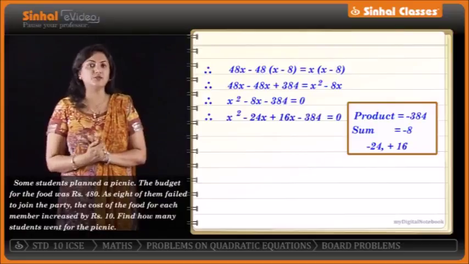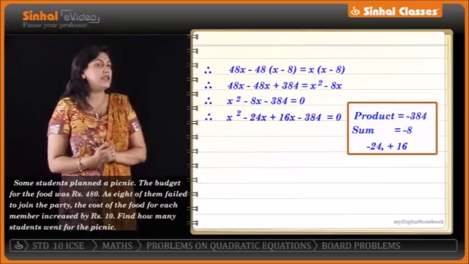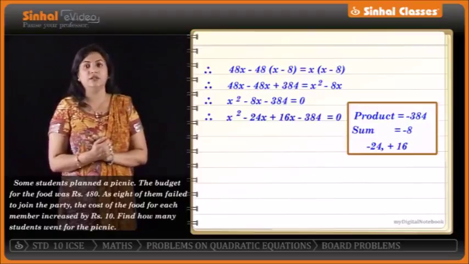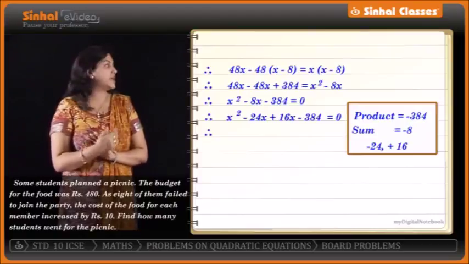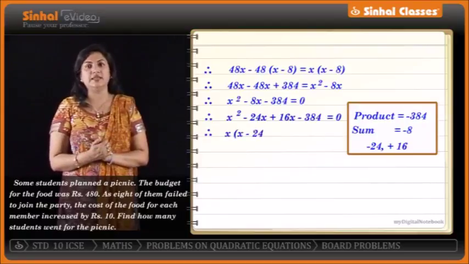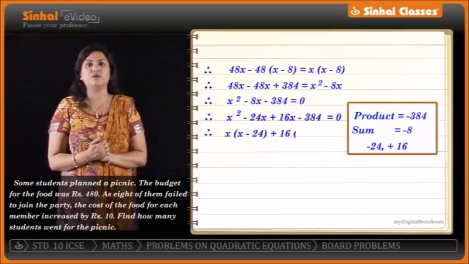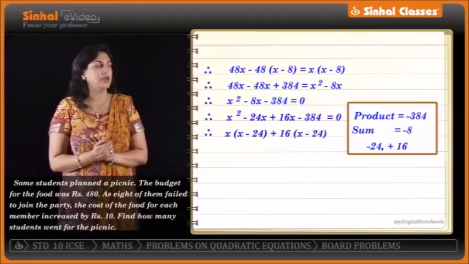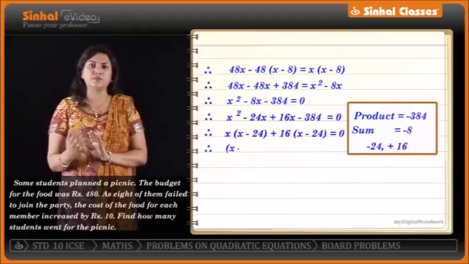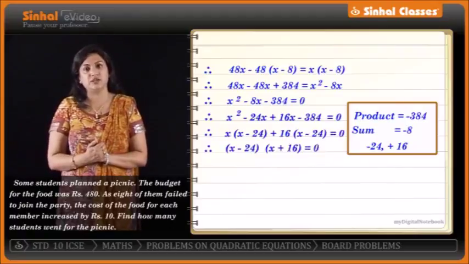Now from the first two terms, x common, and from the last two terms, we have plus 16 common. So the equation becomes x into (x minus 24) plus 16 into (x minus 24) is equal to 0. That is, (x minus 24)(x plus 16) is equal to 0.